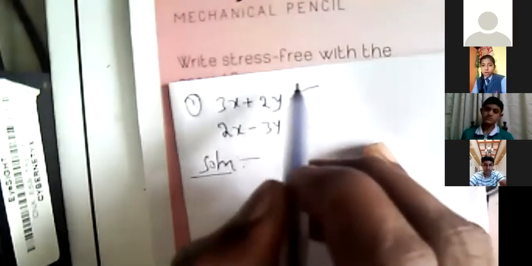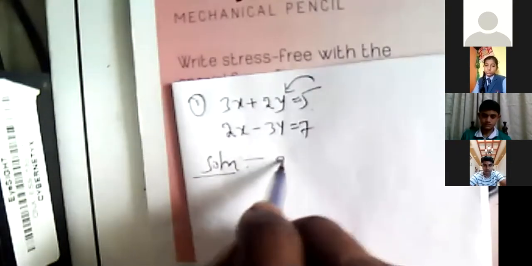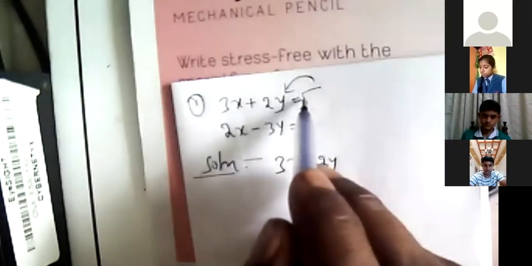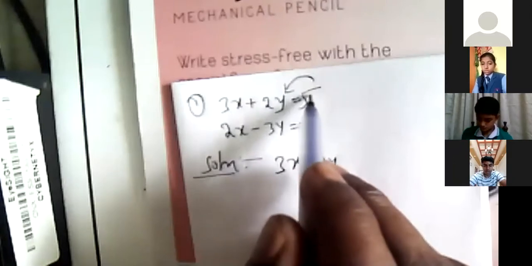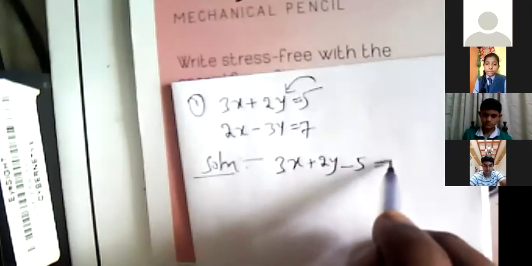Here this is the a1 value, a2 value, but c is on the RHS. What should we do with the RHS? We have to take it to the LHS. We can shift the RHS value to the LHS. So it becomes 3x plus 2y minus 5 is equal to 0.